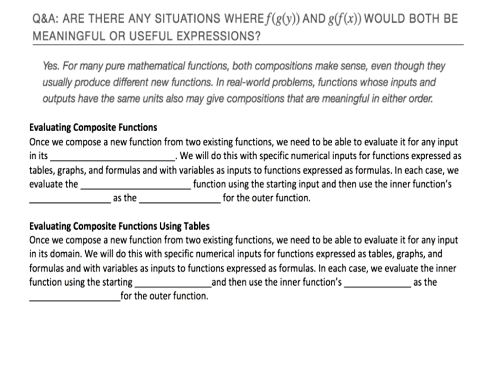For many pure mathematical functions, both combinations make sense, even though they usually produce different new functions. In real-world problems, functions whose inputs and outputs have the same units may give compositions that are meaningful. Remember, in the last example we looked at, the input and output values didn't have the same meaning. So that's why when we flip-flopped them, you don't get meaningful compositions both ways.